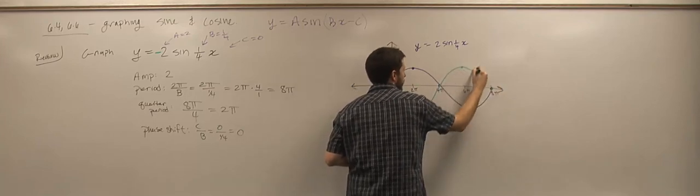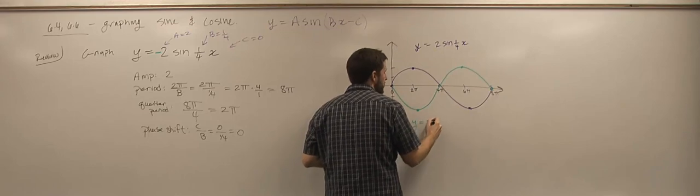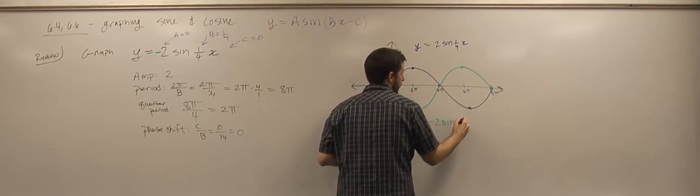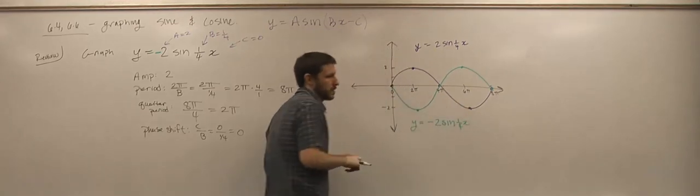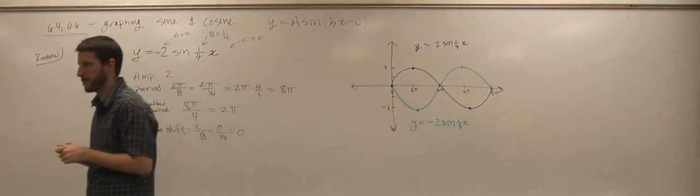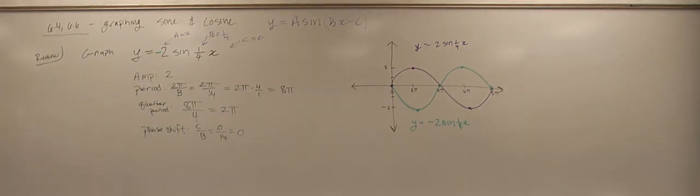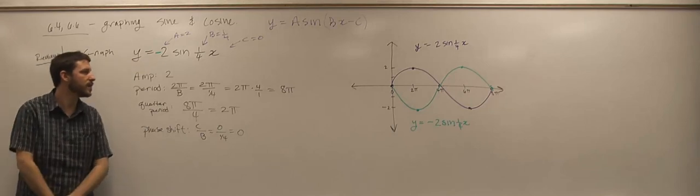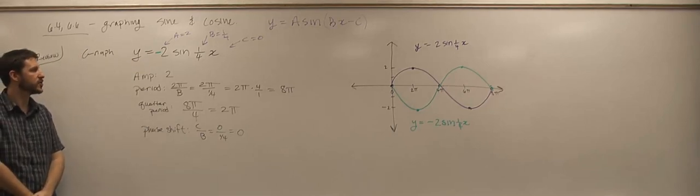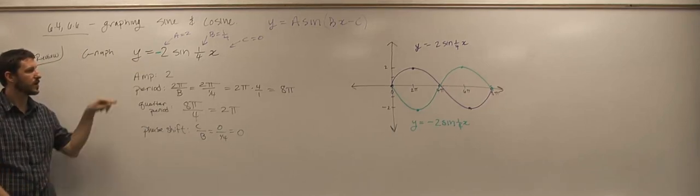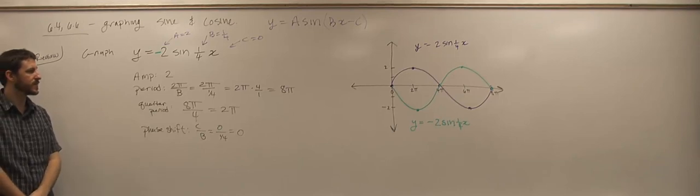So this green graph would be y equals negative 2 sine 1/4 x. You've got to watch out for those negatives in front, because that's going to change your starting direction. It reflects it.